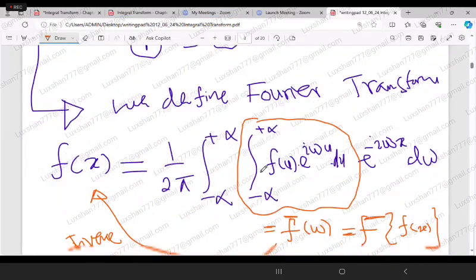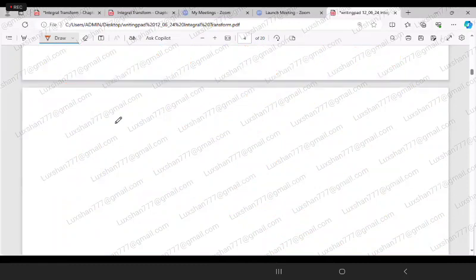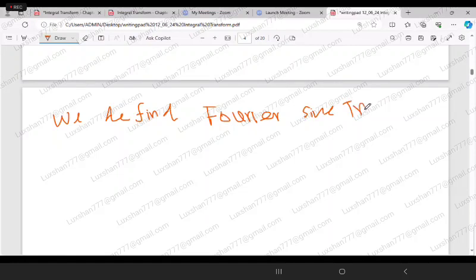Therefore, we define the Fourier sine transform and the Fourier cosine transform.